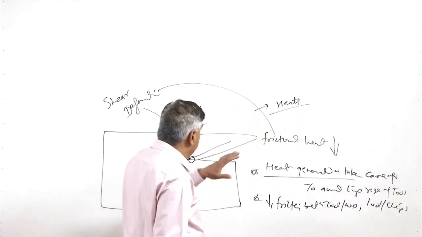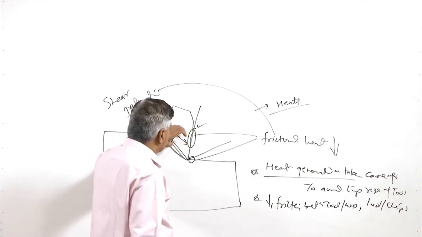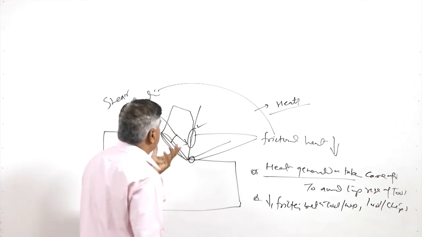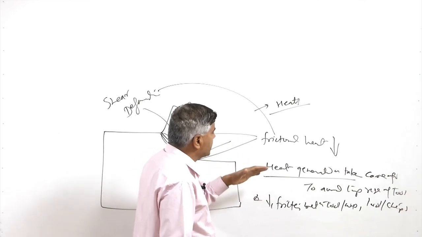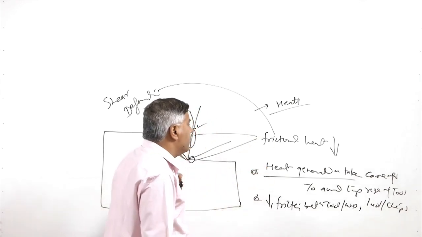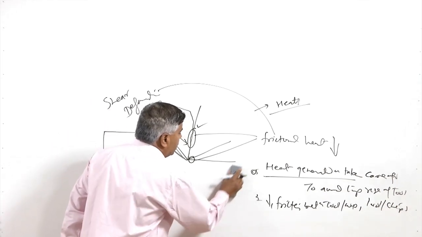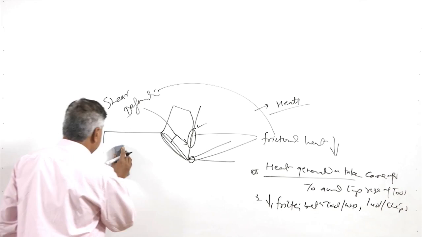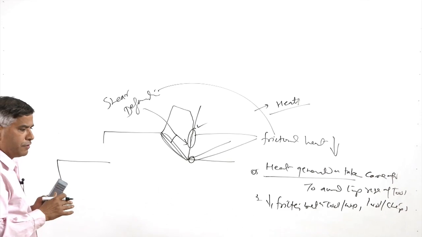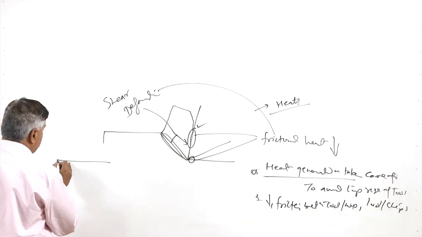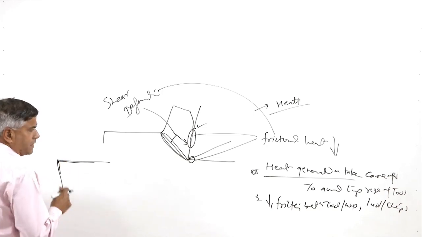Although both these are the sources of heat, since these two deformations cannot be avoided, we need to work on the frictional aspect, and the friction can be reduced by suitable lubrication. In order to deal with these conditions, because both these conditions will be leading to the loss of the material from the tool, because the heat generation leads to the softening of the flank and the face as well as the nose.